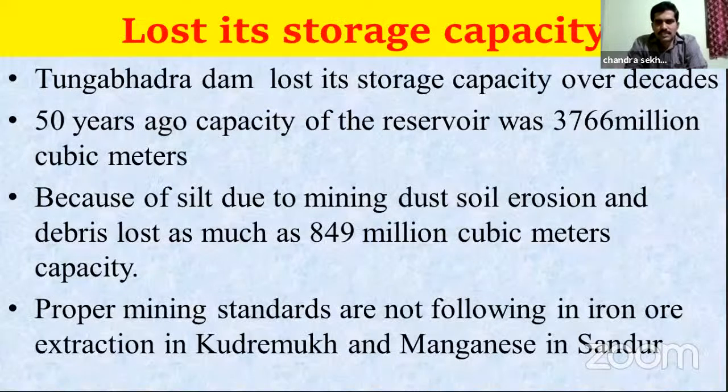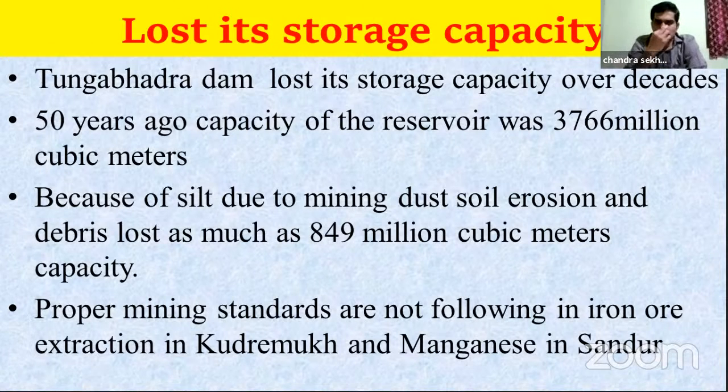The dam has lost its storage capacity. Over the last 50 years, the Tungabhadra dam in Hospet has been losing storage capacity over decades. 50 years ago, the capacity of the reservoir was 3,766 million cubic meters. But because of silt, due to mining dust, soil erosion, and debris, it has lost as much as 849 million cubic meters of capacity.